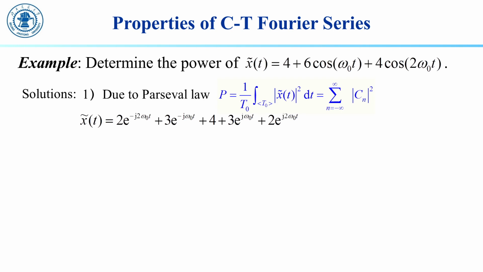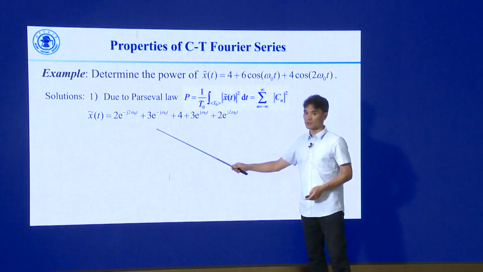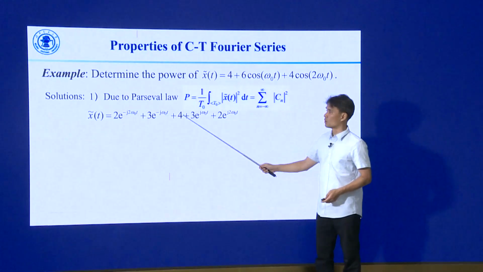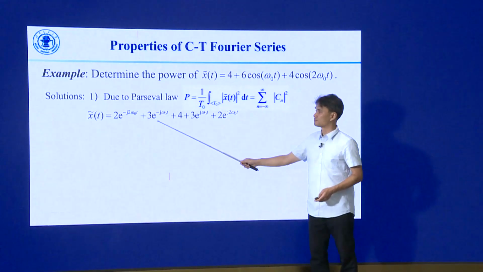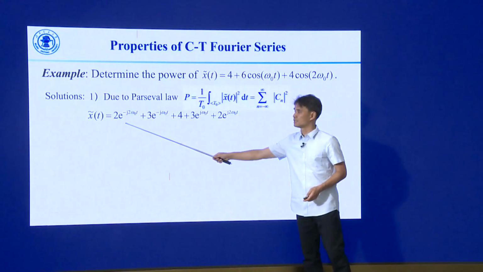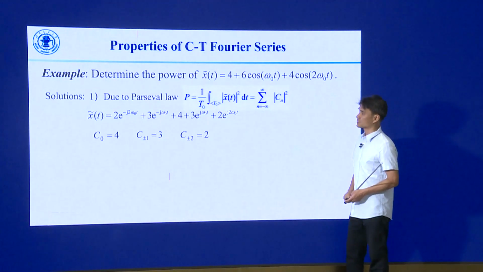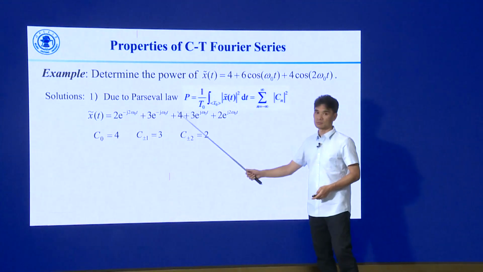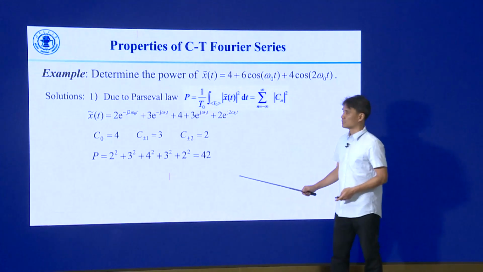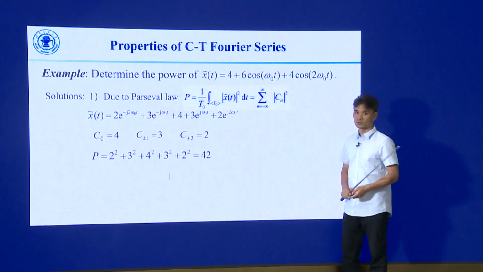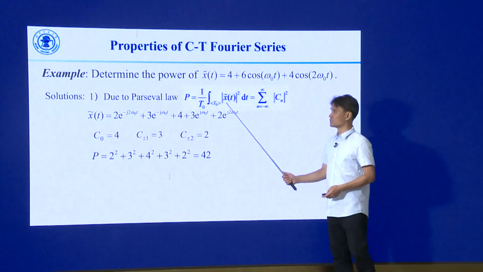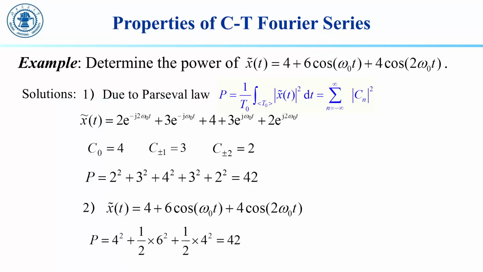So this is the Fourier series, and we see there are three components: the DC component, the first harmonic and the second harmonic. The power is the summation of the power of each term here. So the total power is 42. And if we do the calculation in the time domain, without any surprise, we see that the values are the same.